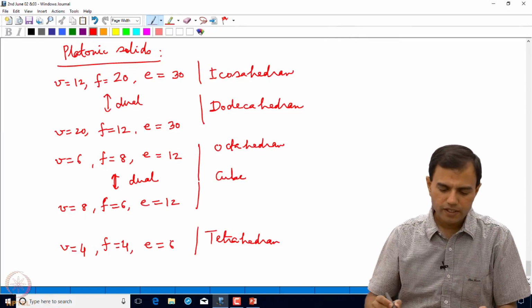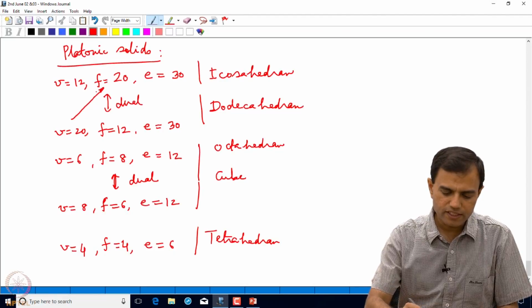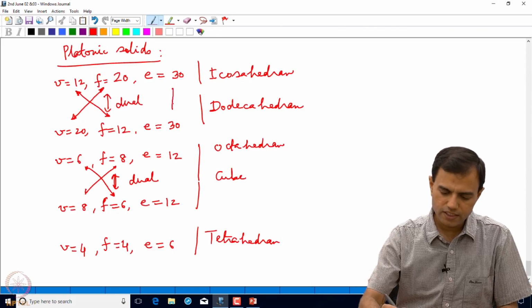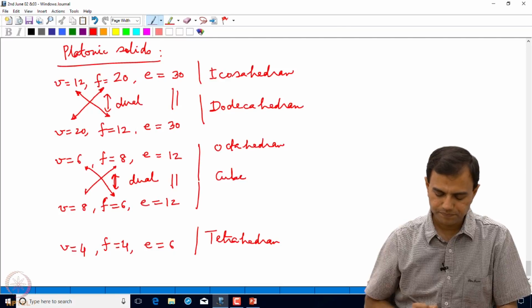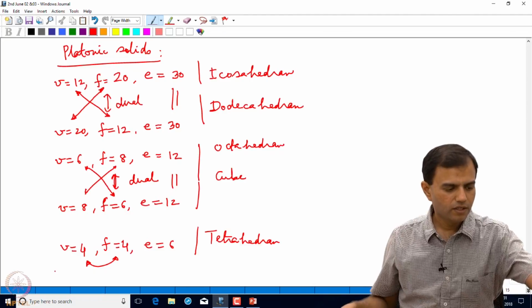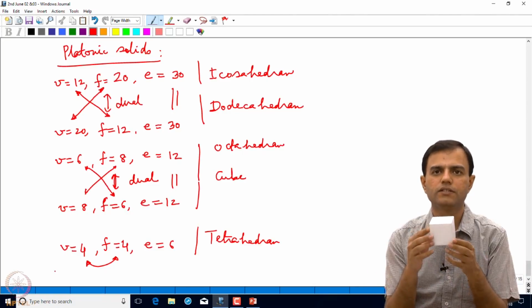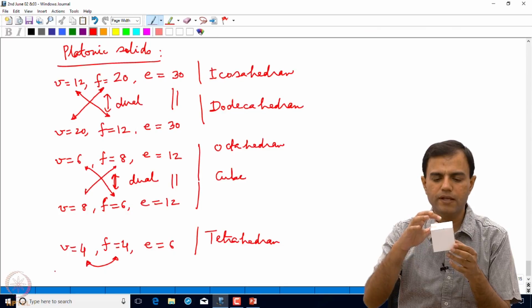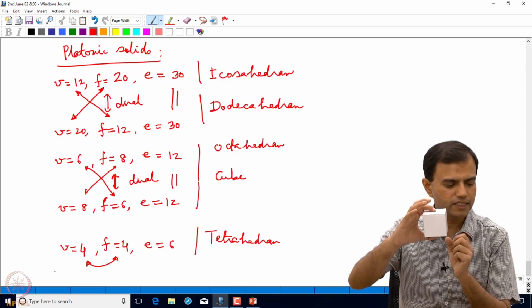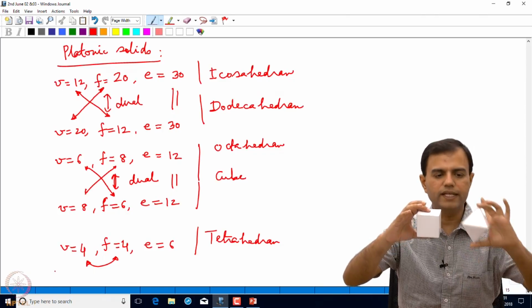So what's the duality? Duality is between faces and vertices. Here again, faces and vertices, and the number of edges is equal. And this is dual to itself. For example, I can take the middle of this face, and the opposite face, and I hold it like this.